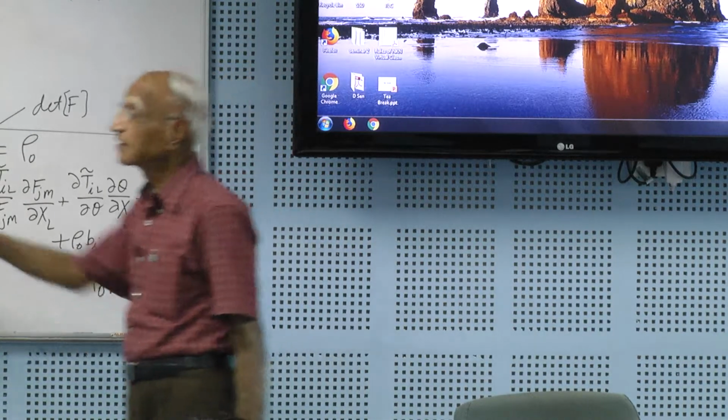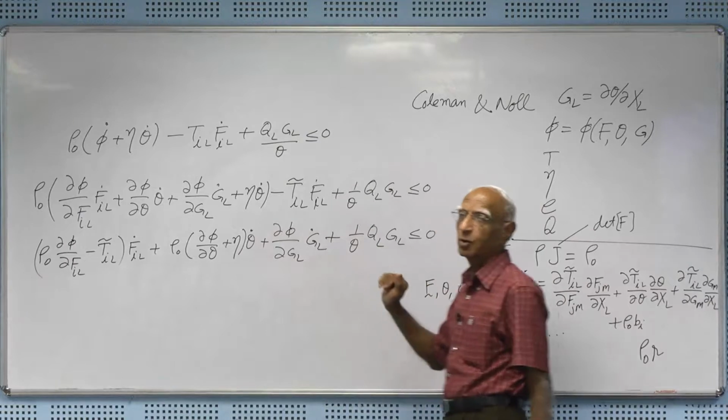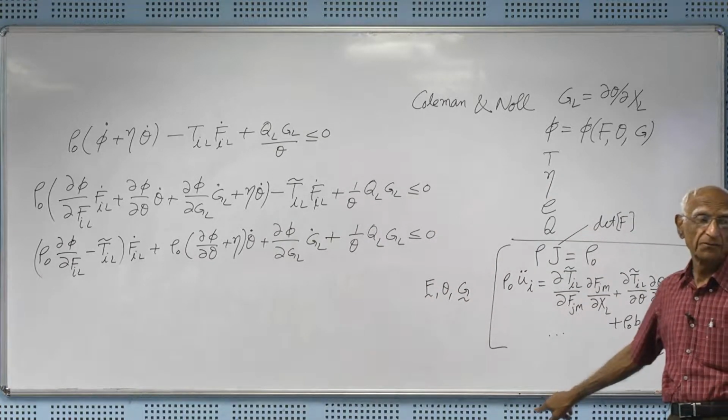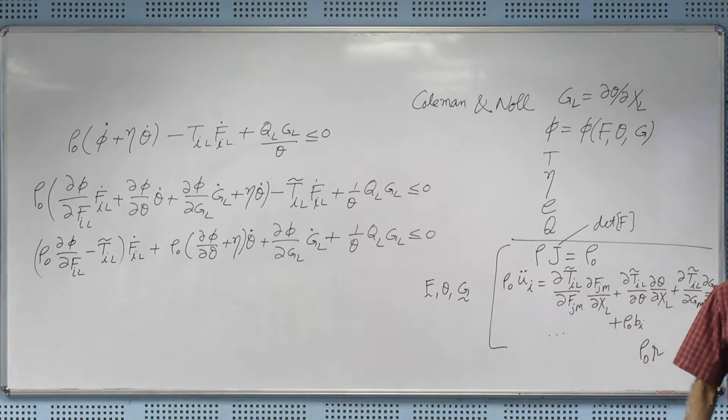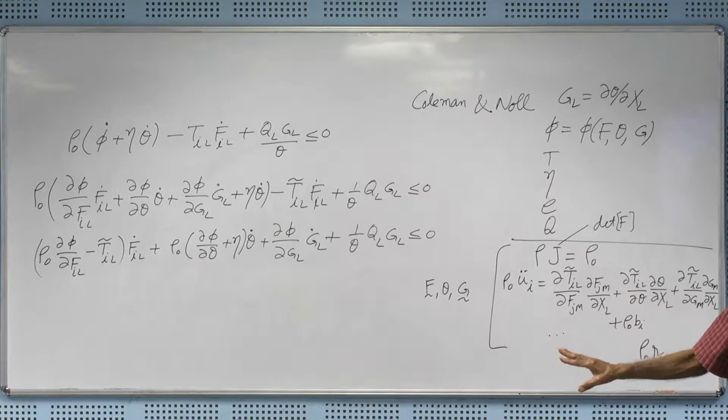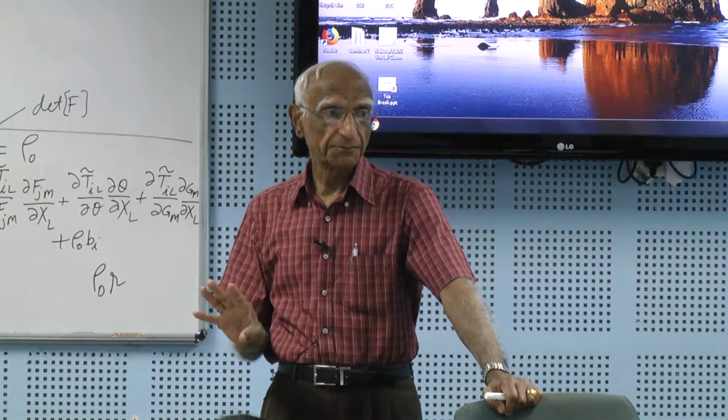And then say, okay, this entropy inequality holds under these constraints. That reasoning also gives you the same result as what we are going to get.